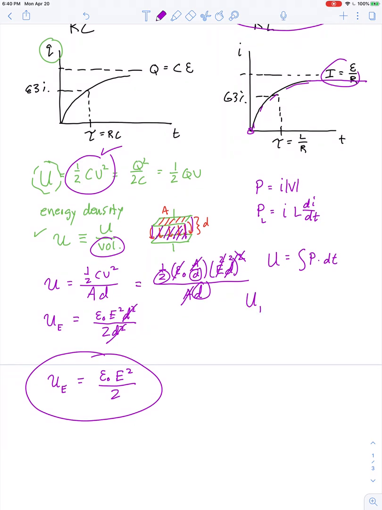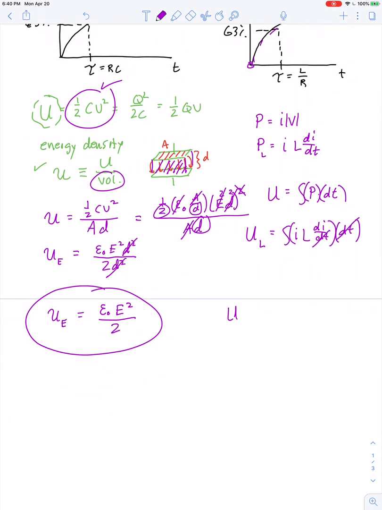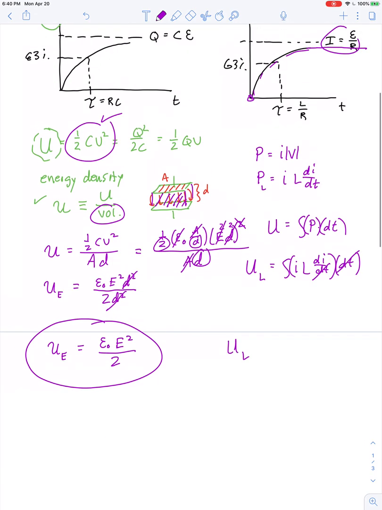The energy of an inductor is equal to the integral of I L di/dt, that's the power part of this equation, multiplied by dt. Well, the dt just cancels out, so we get the energy of an inductor as opposed to the energy of a capacitor.